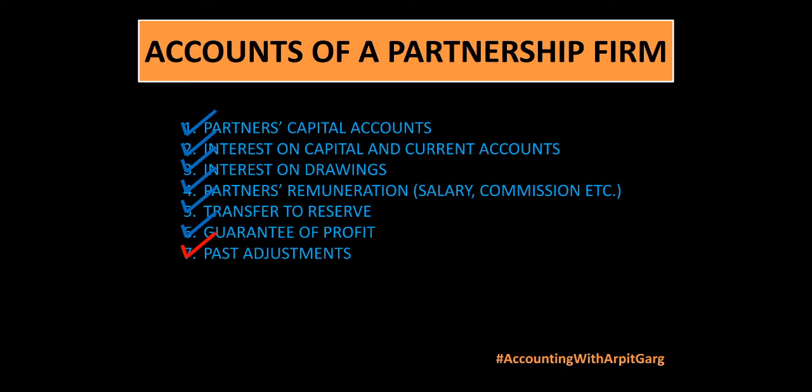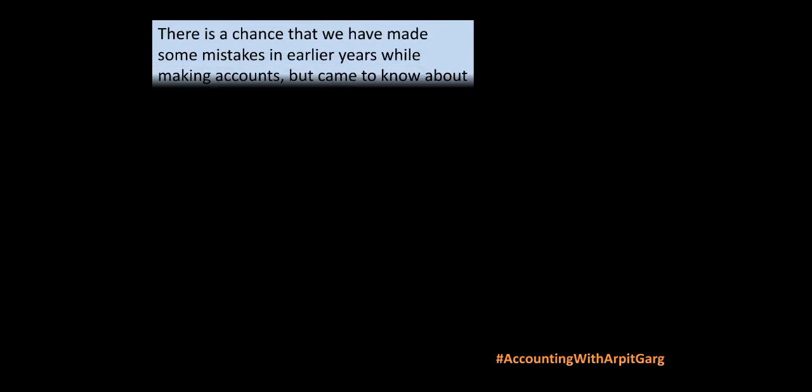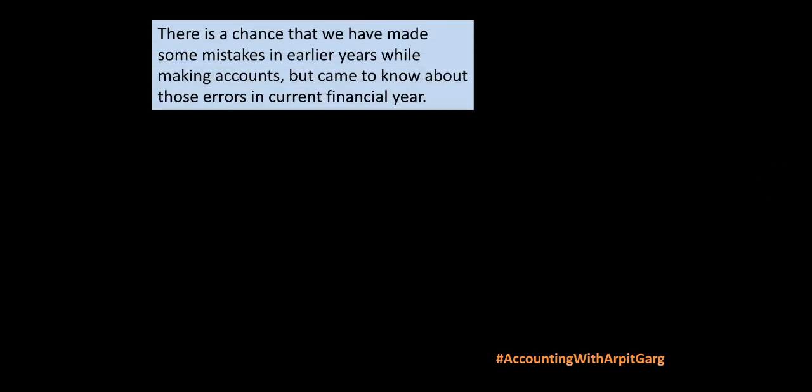We are humans and we do make mistakes sometimes. So, there is a chance that we have made some mistakes in earlier years while making accounts, but came to know about those errors in the current financial year.